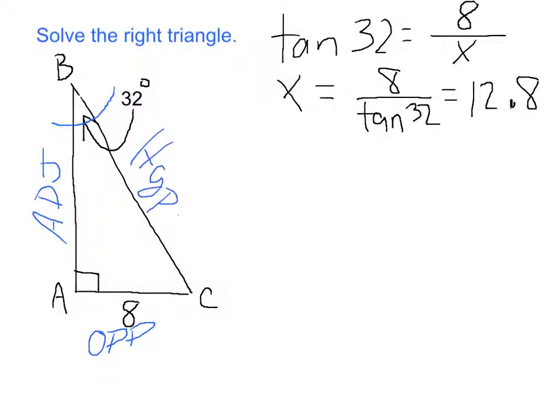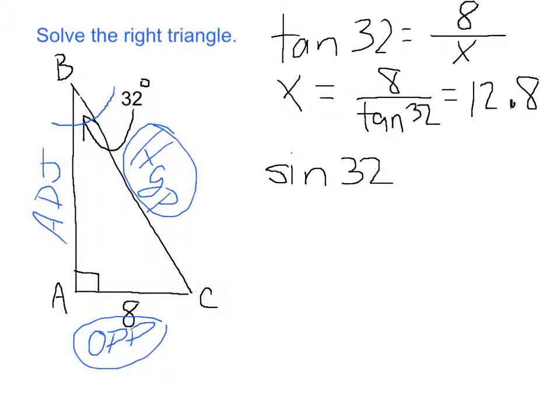And I'm going to use my opposite side and my hypotenuse this time. So if you go back and take a look at those trig functions, the trig function that uses opposite and hypotenuse is the sine. So I'm going to rewrite the sine of 32 is equal to opposite, which is 8, over hypotenuse, which I'm trying to find, so that's X.